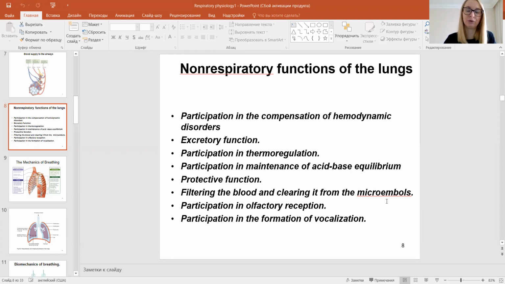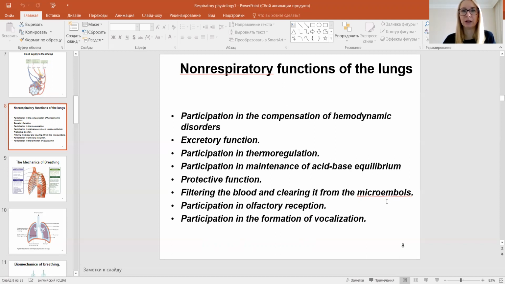So by changing the rate of breathing, we can regulate our temperature to some extent. Next one, participation in the maintenance of acid-base balance, is realized through the ventilatively opened bicarbonate buffer system.